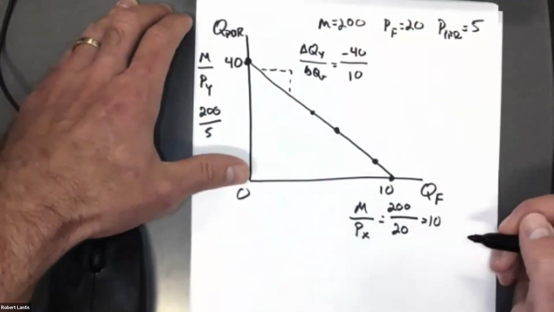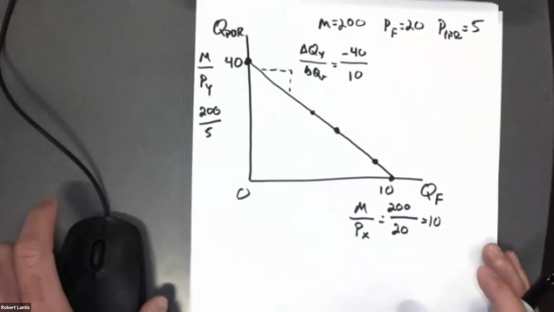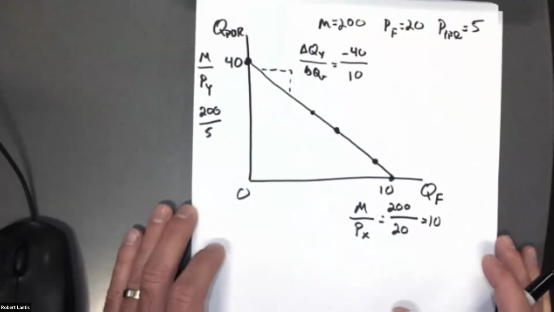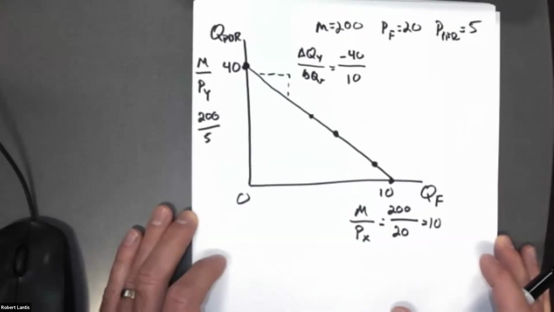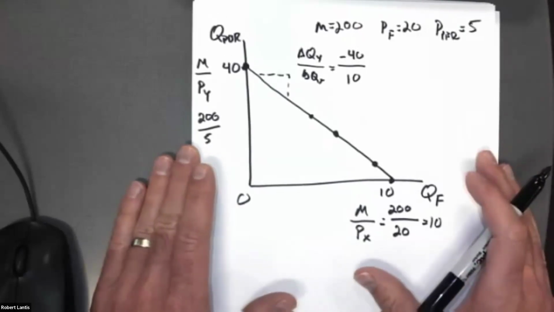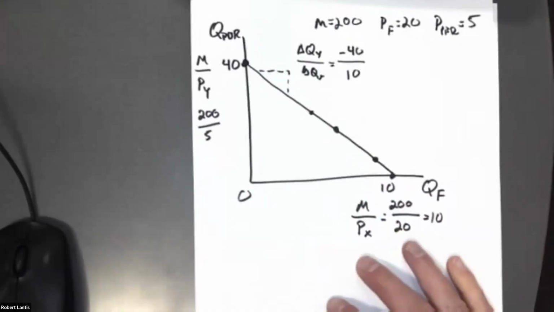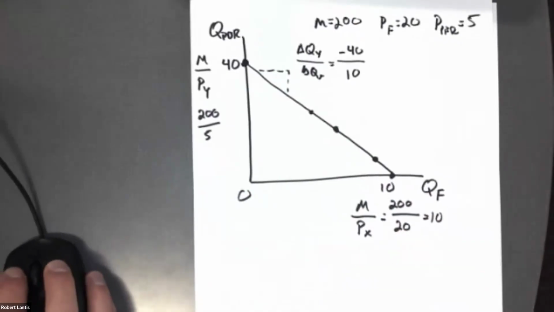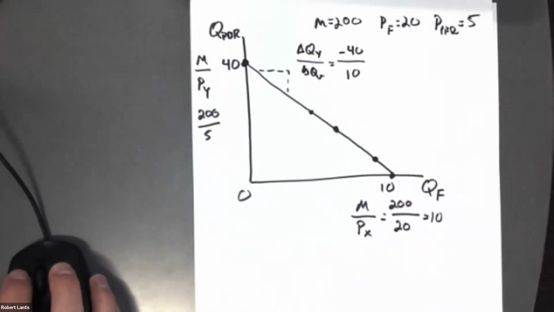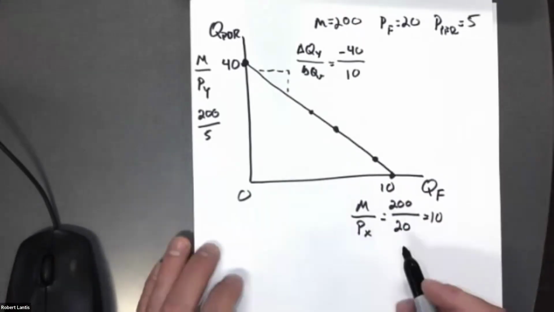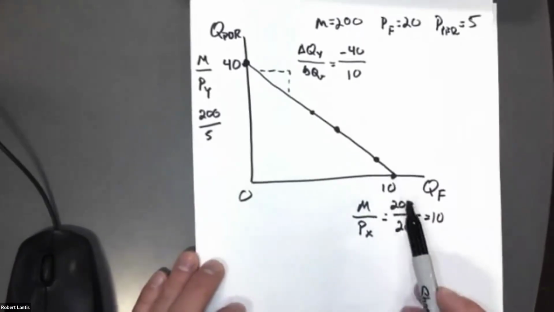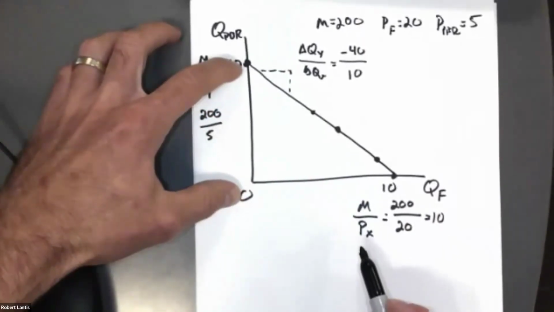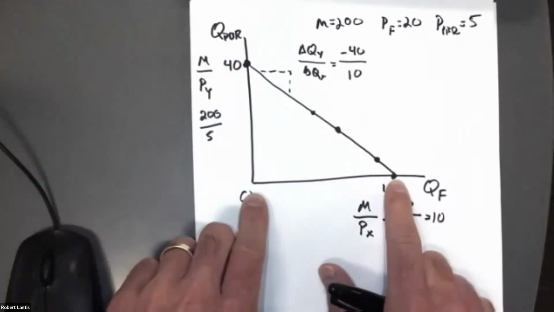Okay. Now, I'm kind of jumping the gun a little bit on this, but since we have everything drawn in here, that slope will also represent something else. So this slope will always be what? Well, how was I finding my slope?